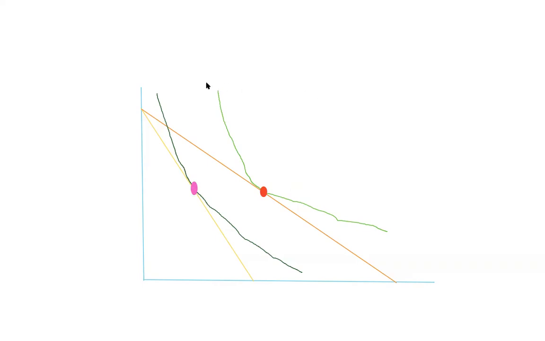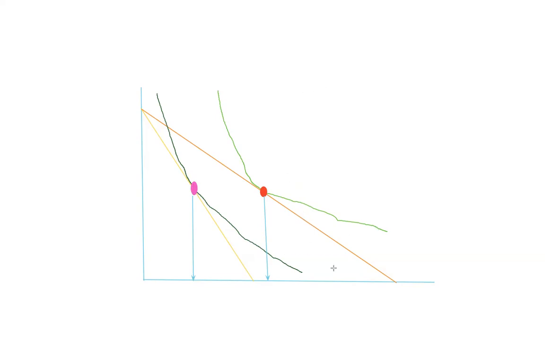And then I'll go back and say, okay, what we're doing is it's the price of X that's changing. So we're curious about the impact on the quantity of X. This is where we get our information, remember, for our demand curve.